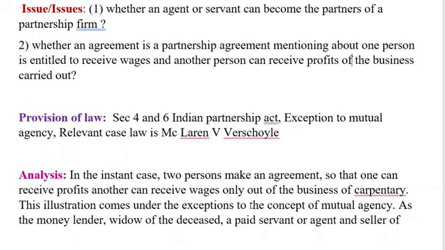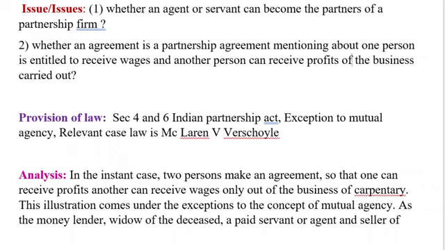Here there is an agreement, and carrying out the business is there, but the other aspects are missing. That is mutual agency and sharing of the profits, which is missing here.